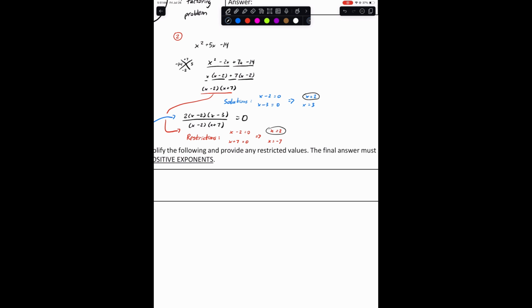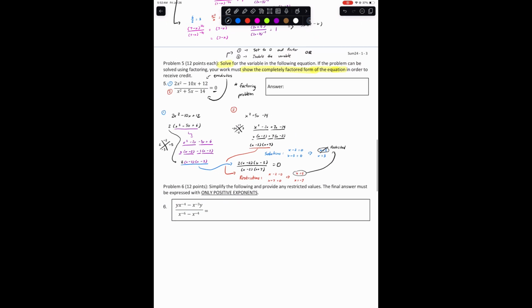In this case, the restriction wins. The restriction overrides every time. So x equals 2 will not matter because of the restriction. This is restricted, so my only answer is x equals 3.